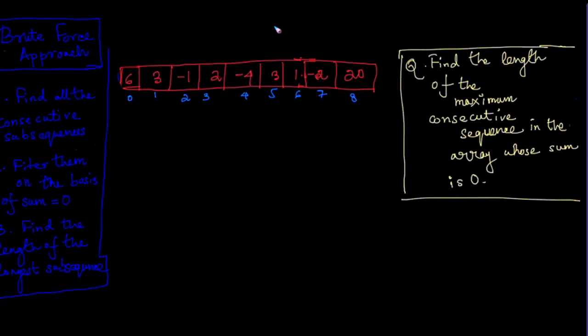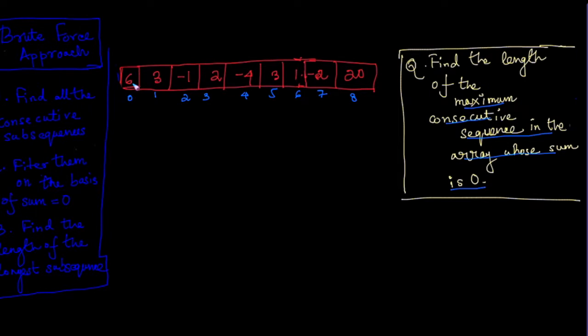So this is the first problem that we have. We are given an integer array, and in that integer array, we need to find the maximum consecutive sequence whose sum is 0, which means you need to find out the longest subsequence of this array which is consecutive and whose sum will be 0.